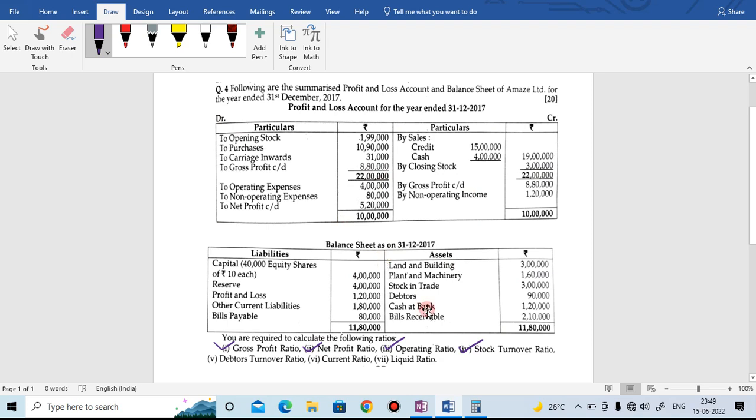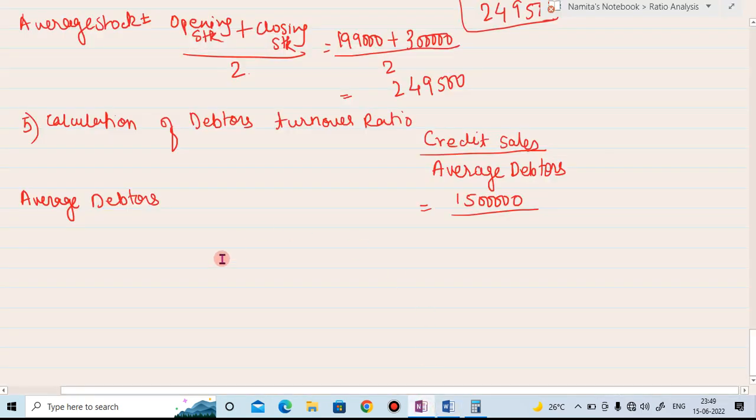So how to find the average debtors? You can find it by debtors amount 90,000 plus bills receivable 2,10,000. This is the second method to find the average debtors: debtors plus bills receivable.